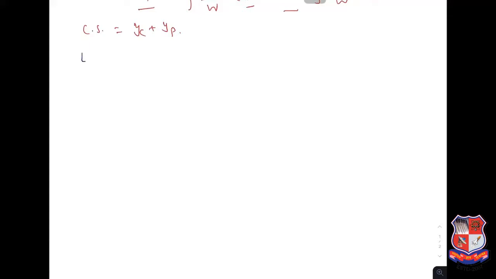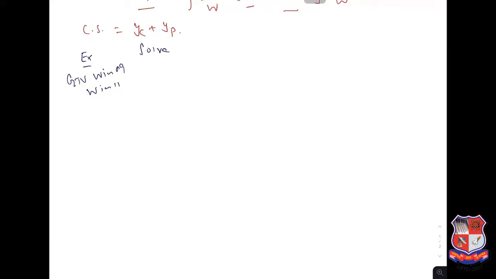So let us take one example. It will be clearly asked in the paper to solve by method of variation of parameters. This was asked 2-3 times in GTU like this.